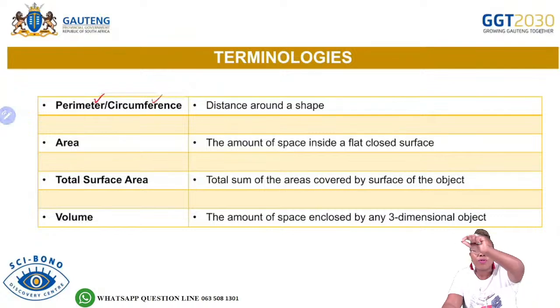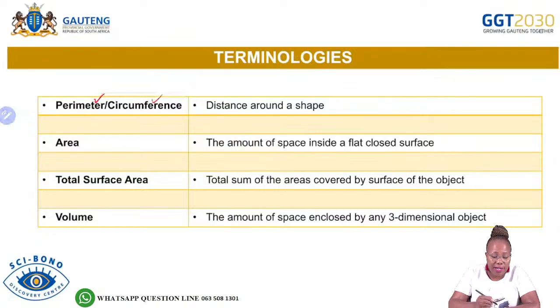Or if you are putting a fence around a circular area, that distance around that shape will be a circumference. Around a circle is a circumference. Any other distance around the shape is the perimeter. It's only a circle that has a specific name, which is a circumference.